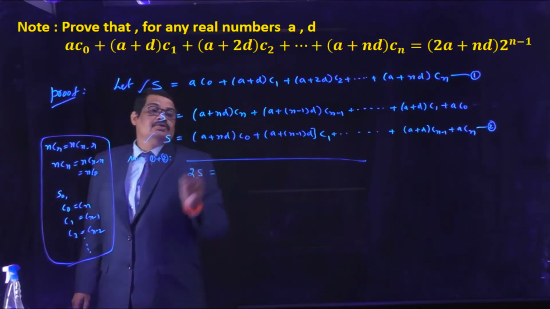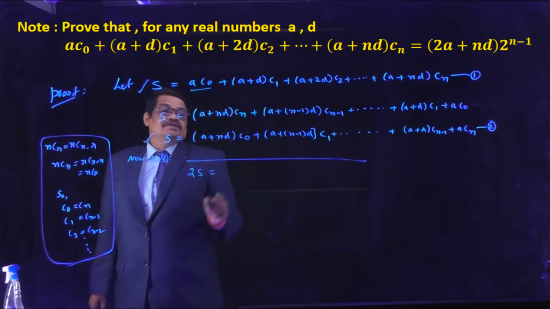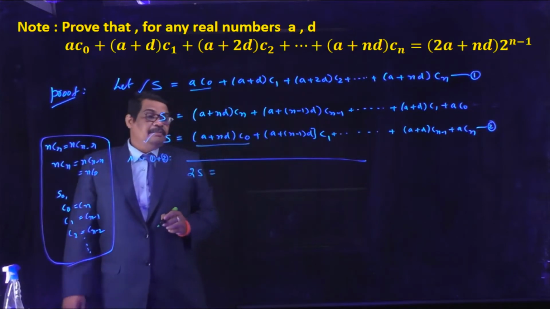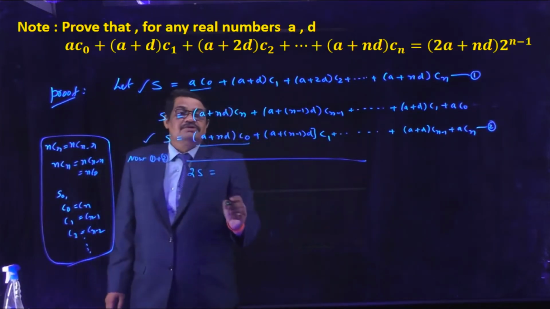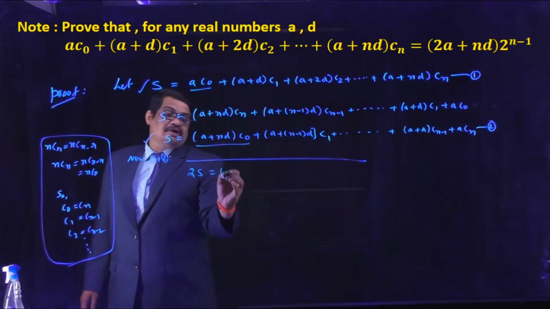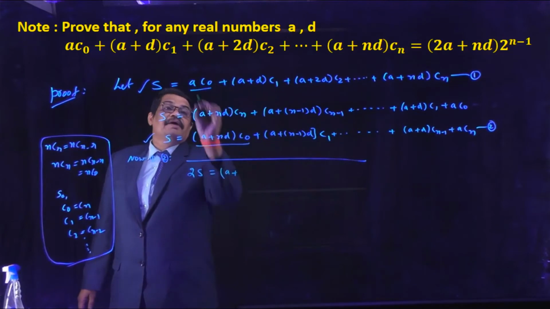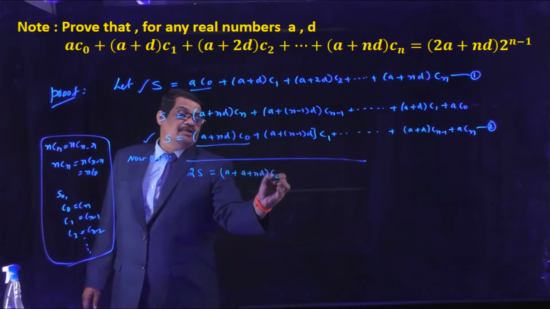That is, 2S is equal to A C naught, here A plus ND C naught. So in these two terms C naught is common. Then the remaining terms are A plus ND into C naught.